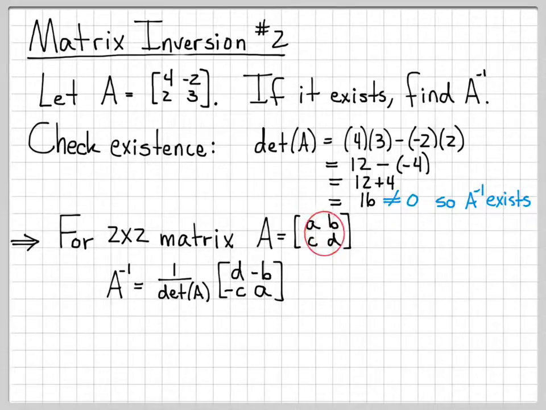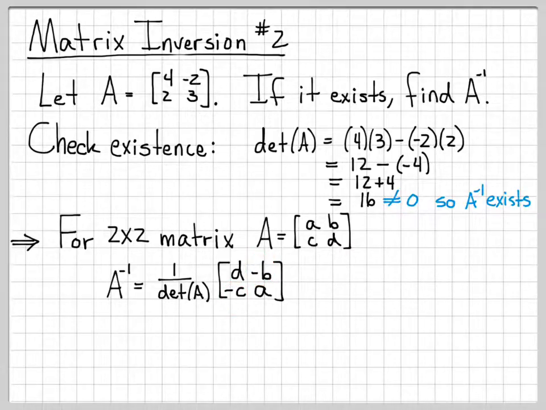Originally we had a matrix [A, B; C, D]. A and D have flipped spots. Along this diagonal we used to have A, D. Now we have D, A. So they've changed where they were located. And on the other diagonal, so to speak, we had B and C. Well, B and C are still here, but it's now negative B and negative C.